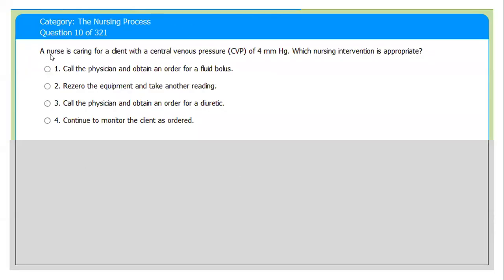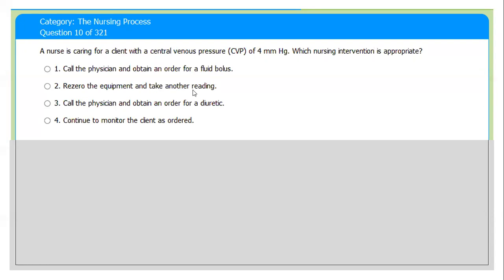Next question. A nurse is caring for a client with a central venous pressure of 4 mm of mercury. Which nursing intervention is appropriate? Number one, call the physician and obtain the order for a fluid bolus. Number two, gather the equipment and take another reading.